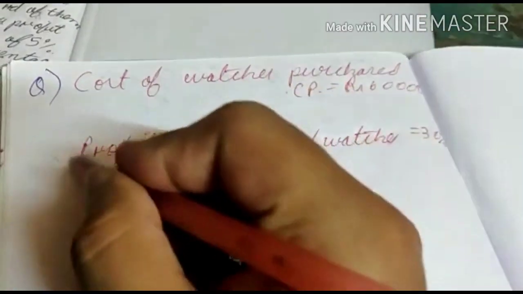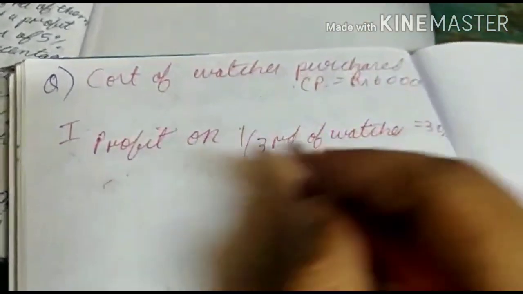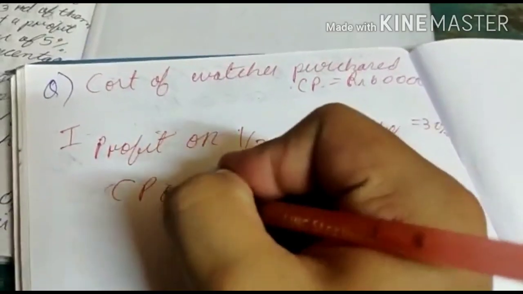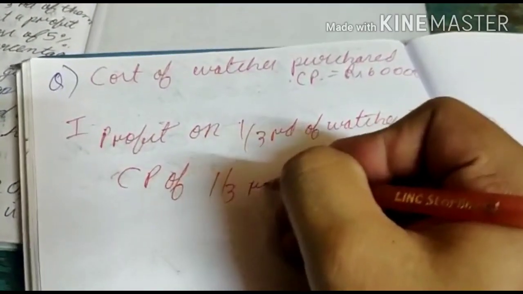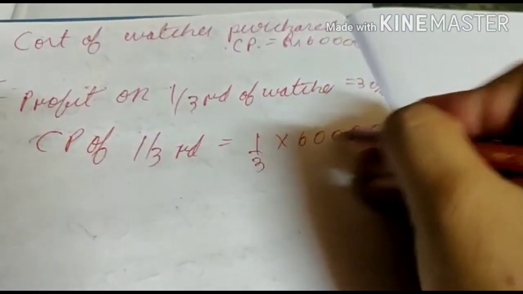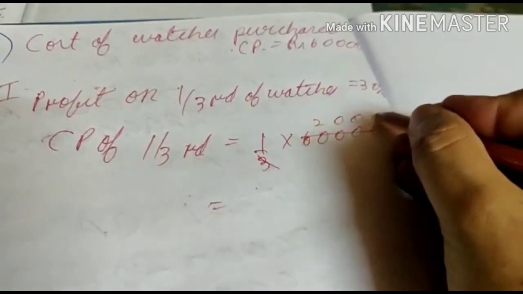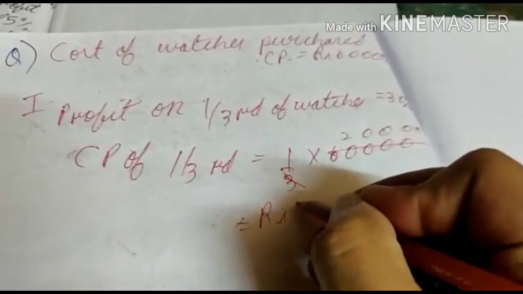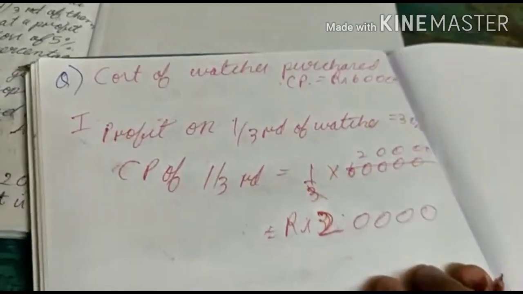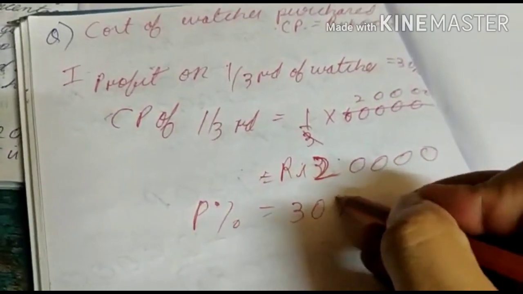This is our first part, when he is selling the first 1/3. So CP of 1/3 is 1/3 into 60,000, we will get 20,000. So for a CP of rupees 20,000, its profit percent is 30%.